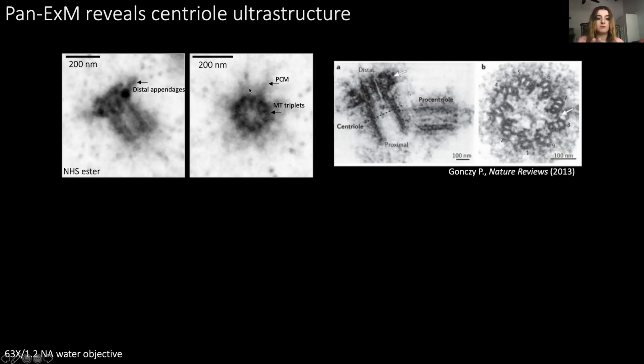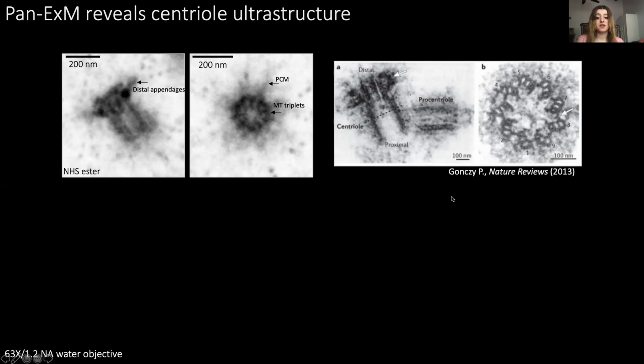In this top view image and in this lateral view image, we can discern the distal appendages, the subdistal appendages, and the satellite centriole structures emanating from this mother centriole. And although it is not as resolved as this EM image of the centrosome over here, the improvement in resolution and labeling is significant.